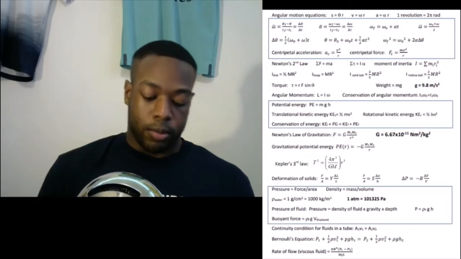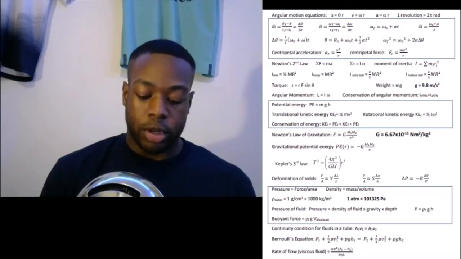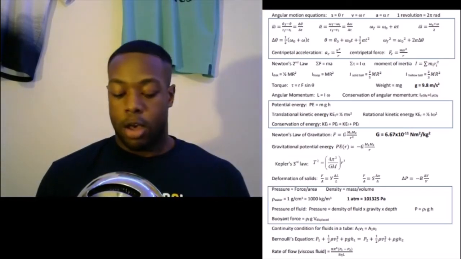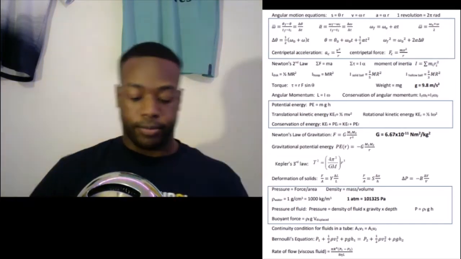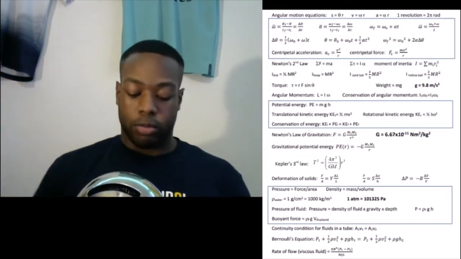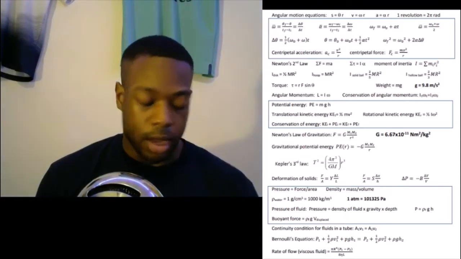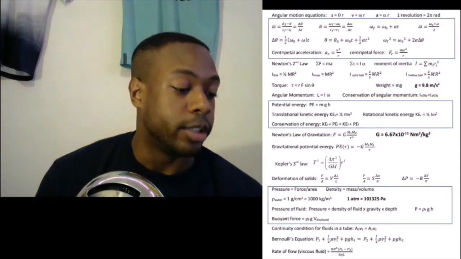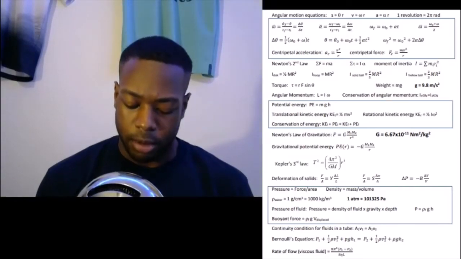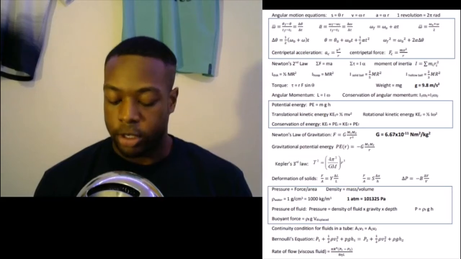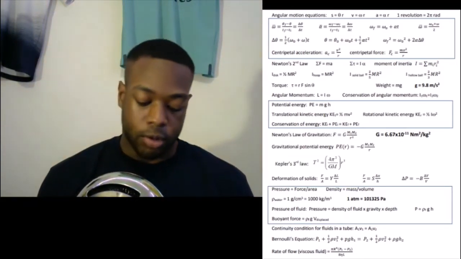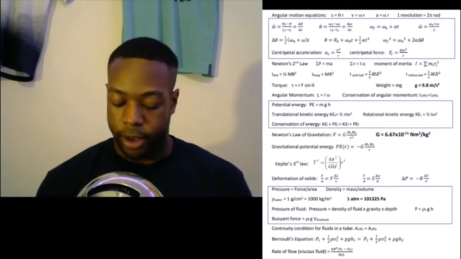So gravitational potential energy is what we start with. Let's actually write everything out. So kinetic energy initial plus rotational kinetic energy initial, plus potential energy initial, equals all of that for the final values as well.